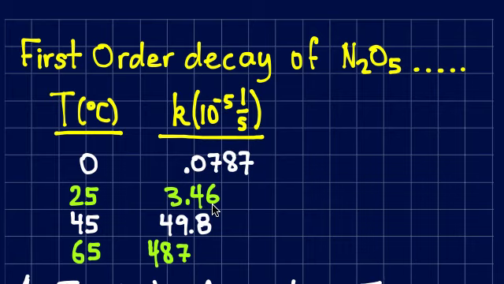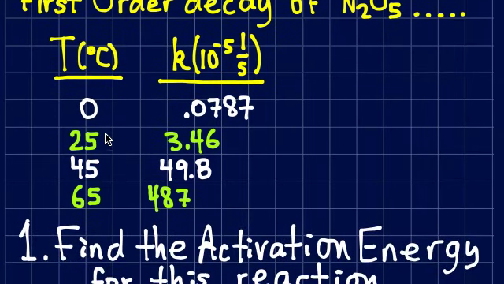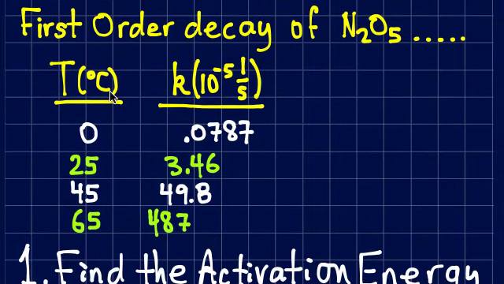First order decay of N2O5 into something smaller, decaying one reactant into something smaller. I see as the temperature goes up, I have a constant that also goes up from 0.07 to 3 to 50 to 487. So here are the questions. You can practice these techniques we've been looking at. A couple of things, I've got to help you out a little bit.